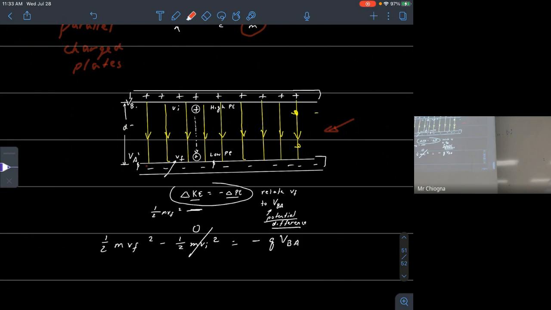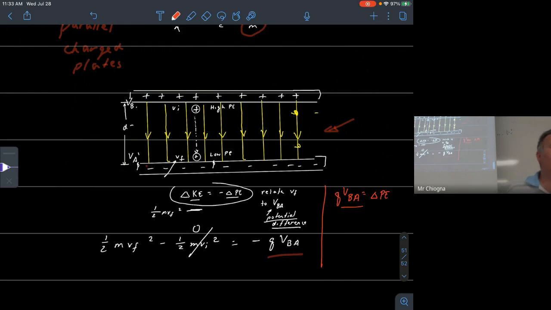I'll write it over here. QVBA is the change in potential energy for the electric case. That's always true.